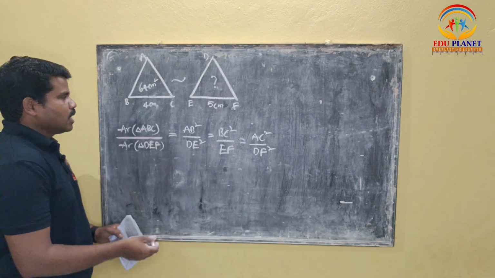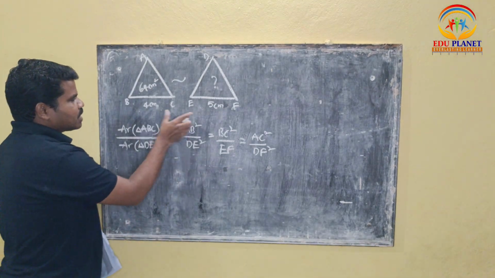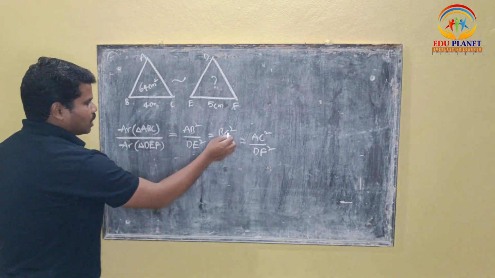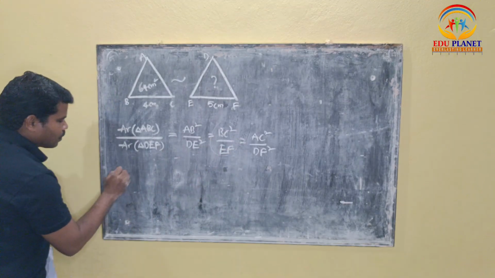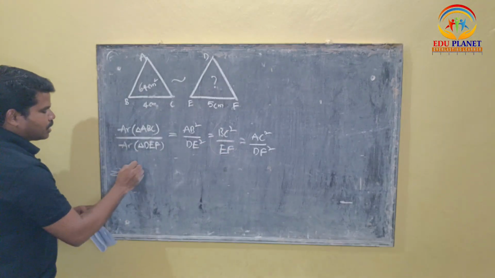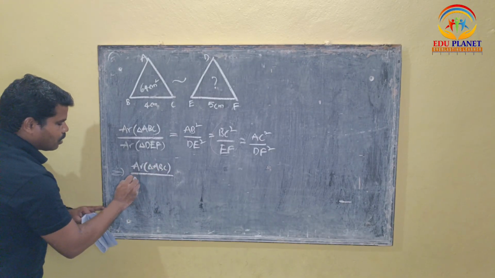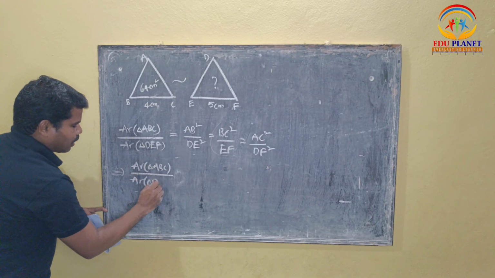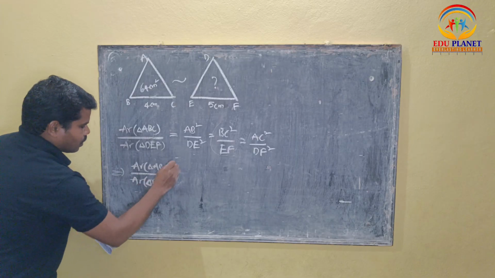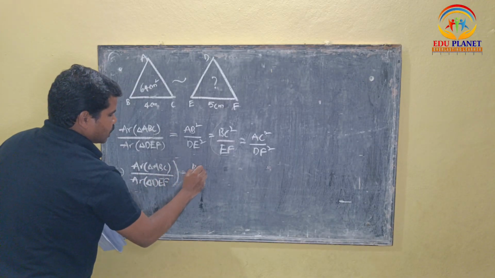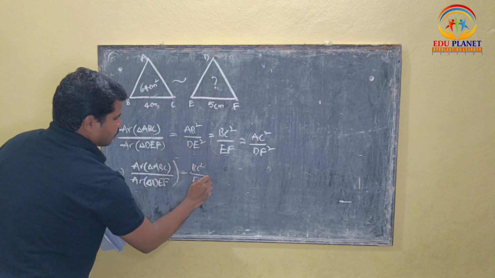This question is related only to the BC and EF sides, so we only have to pick this set. Area of triangle ABC upon area of triangle DEF equals BC square by EF square.